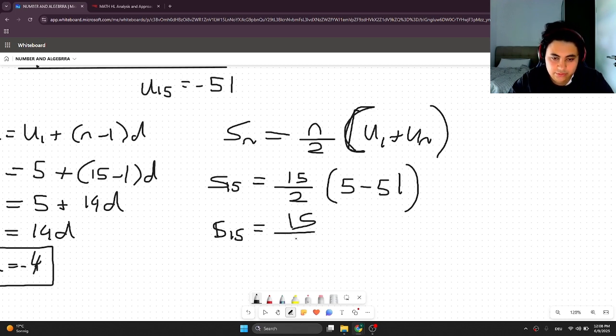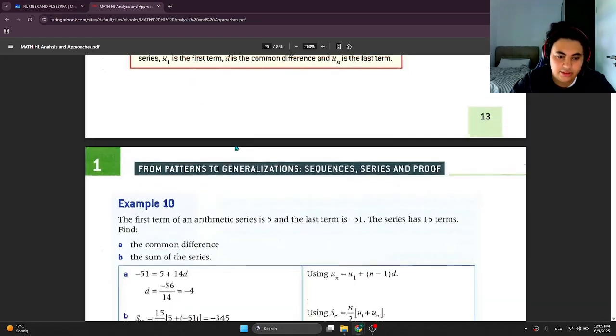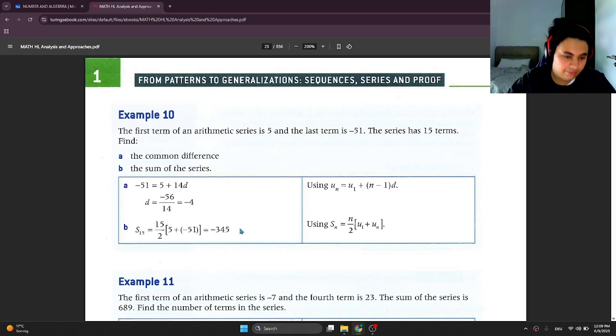Let's multiply that now. 15 over 2 multiplied by negative 46 is negative 345. The sum of the 15 terms is equal to negative 345. Let's go ahead and check that here. Okay, let's move on to the next question.